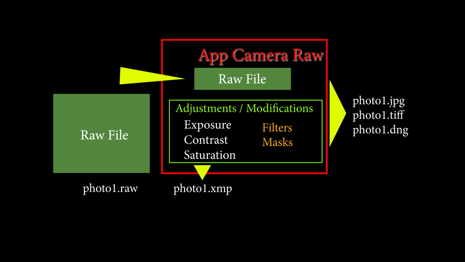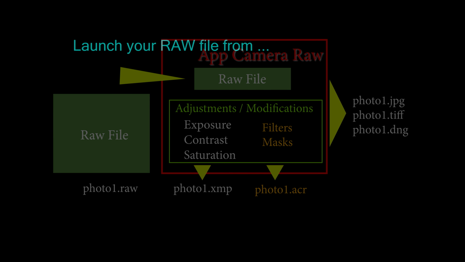And any filters or masks that you may have applied will be saved in another file with the same name, for example, photo1.acr. This is because we cannot modify the RAW file. The RAW file stays as it is, but the modifications that you make are stored in separate files, and the combination of the RAW file and the modifications gives you the processed file.